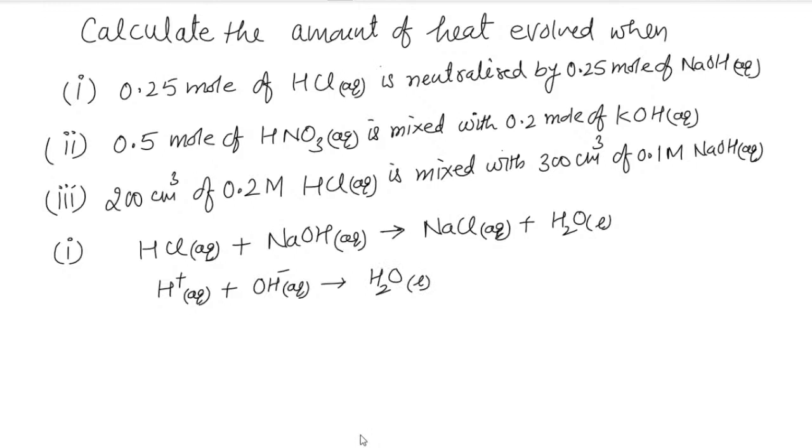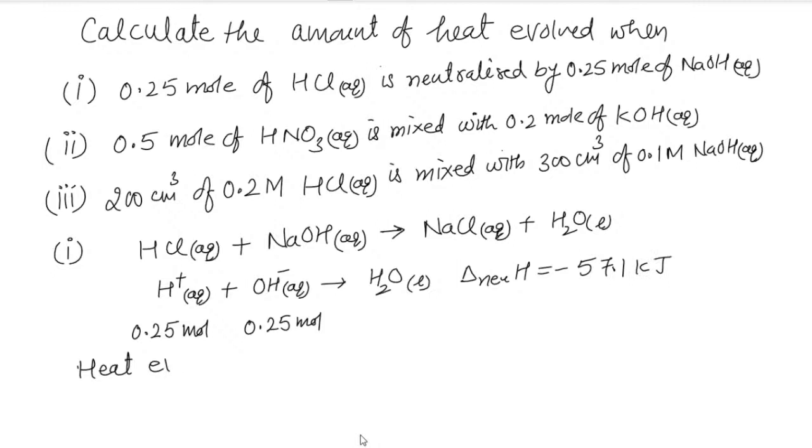But see, we have 0.25 mole of HCl and 0.25 mole of OH negative ion. When they react, their acidity is 1. Both are strong. That means if we talk in terms of their enthalpy of neutralization, that is 57.1, because the enthalpy of neutralization is minus 57.1 kilojoule.